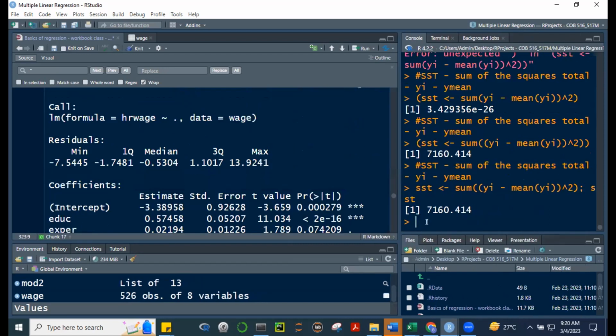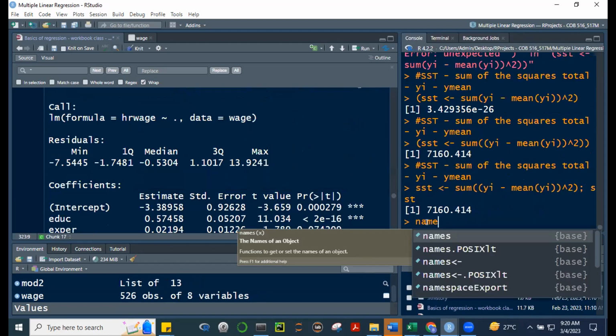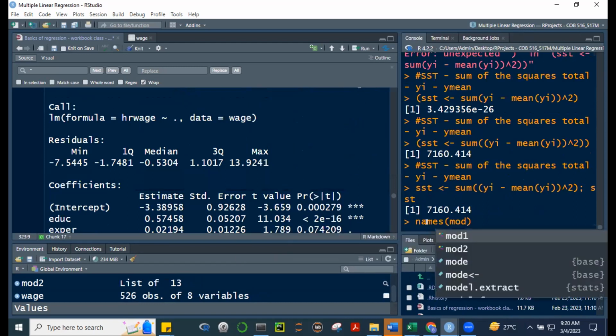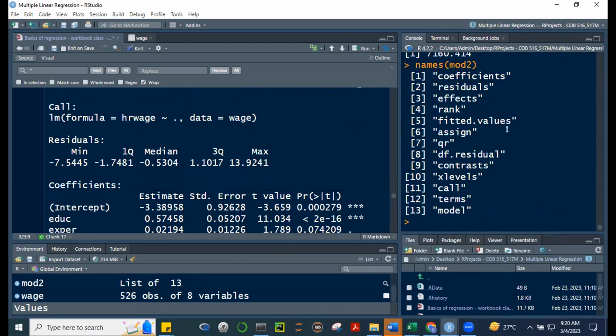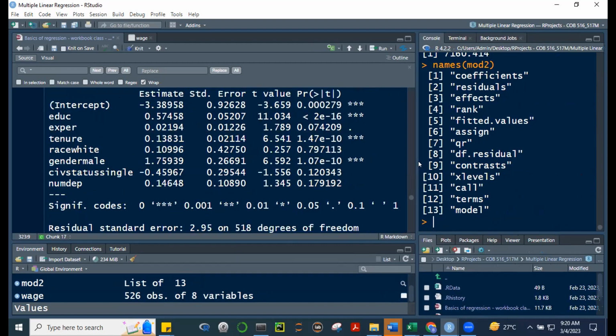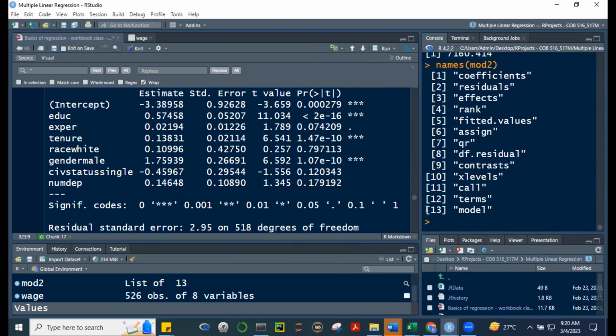okay. Di ba, class, si ano natin, si model 2. Ano laman ni model 2? Ayan, di ba? Ito. Ito yung fitted values. These are your predicted values. Di ba? So we can tap this, we can use this.